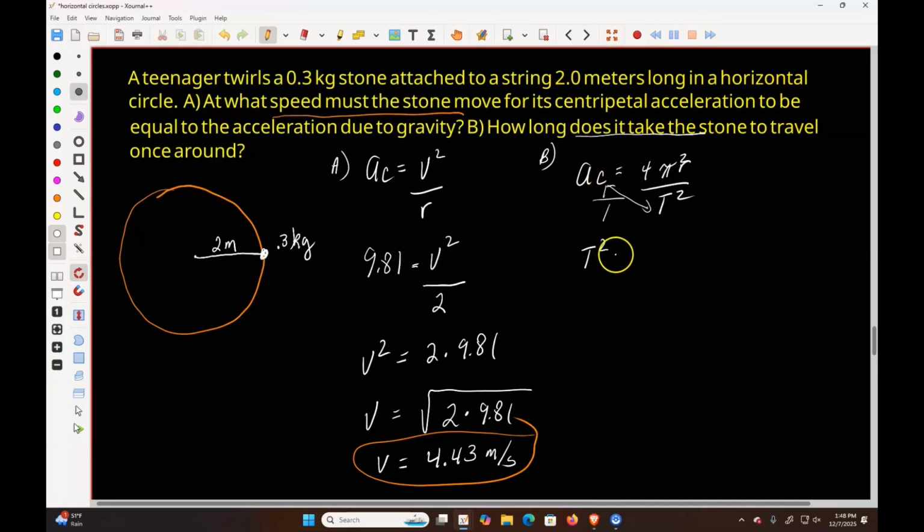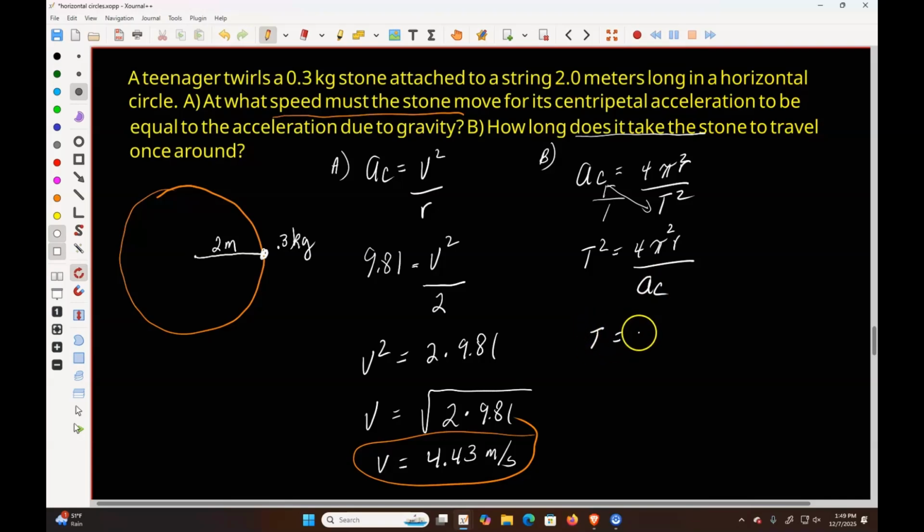So T squared is equal to 4 pi squared r over a sub c. There we go.